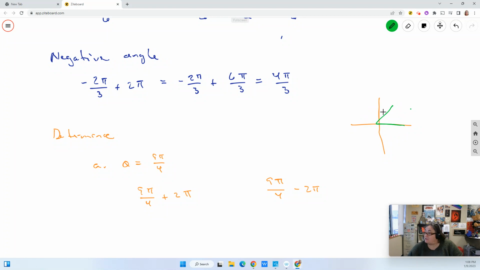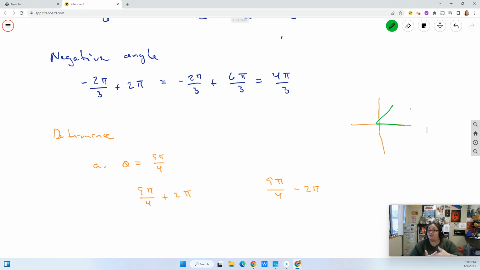Say this is 60 degrees, we'll just pretend. If I go all the way around the circle and come back to that terminal point again, because I've added 2 pi to it, it'll take me right back to where I started.